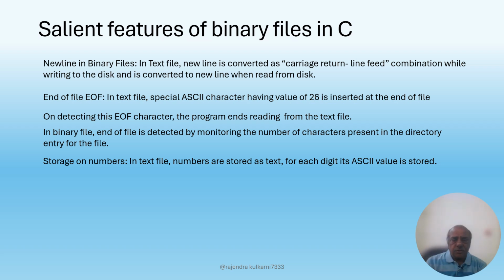So 100 will be stored not as a formatted number 100, but as text using the ASCII value of each digit. Whereas in the binary file, the number is in a binary format.